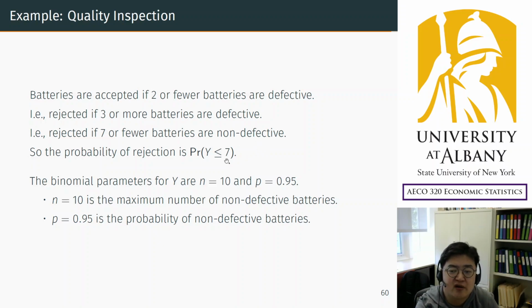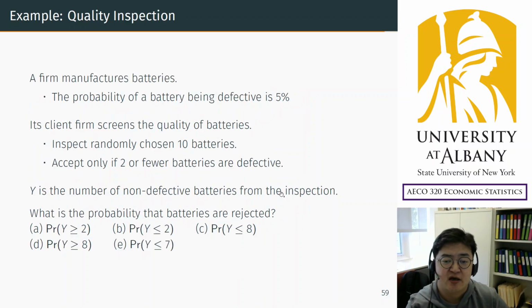So anyhow, we would like to calculate this probability, and in this scenario, the binomial distribution for Y is with parameter 10 and 0.95. So 10 is obvious because they randomly choose 10 batteries, but 95%, because we are counting the number of non-defective batteries, so not defective is success, right?